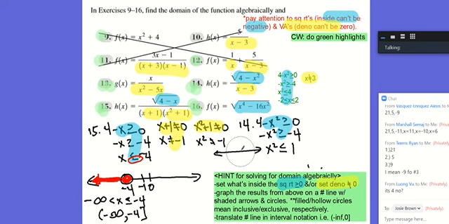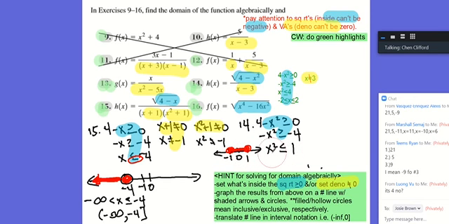Basically if I have 0 here, everything in between is going to be okay. Anything in between is going to make the statement true. Anything outside this dumbbell looking thing is going to make it not okay. -2 is going to make the statement not true. +2 is going to make the statement not true.